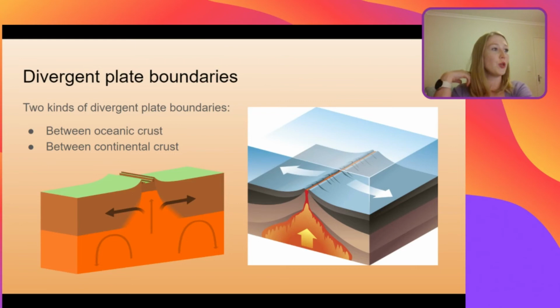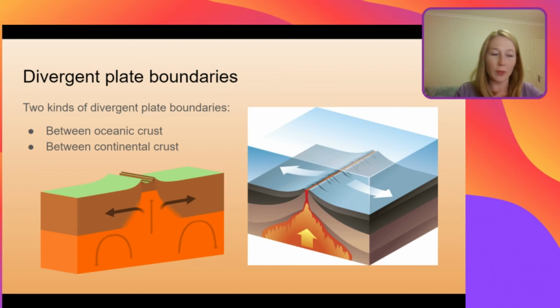We have different types of divergent plates. The one is where you have oceanic crust diverging, and the other is with continental crust diverging. By the oceanic crust, you would find oceanic ridges.